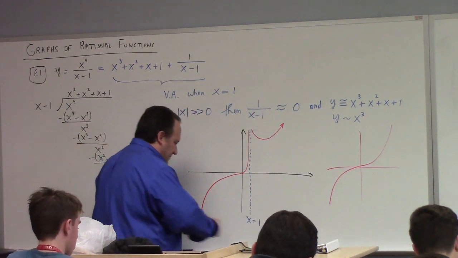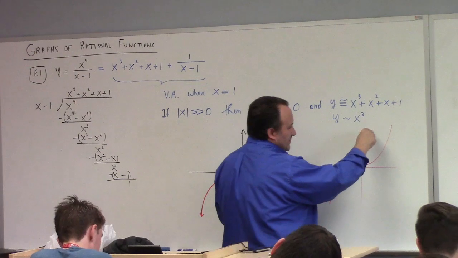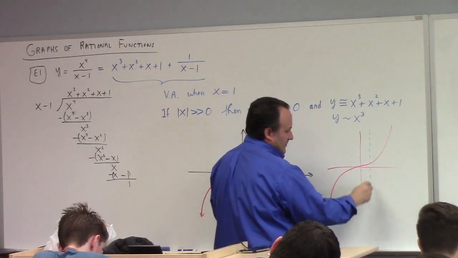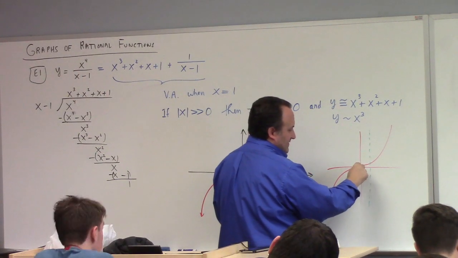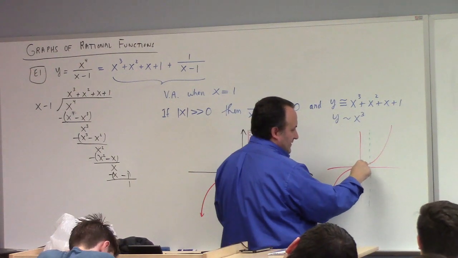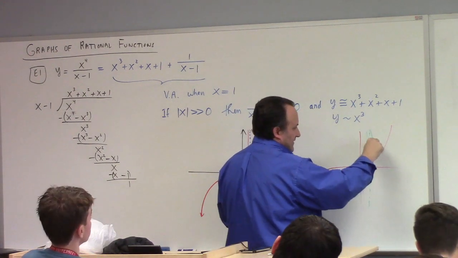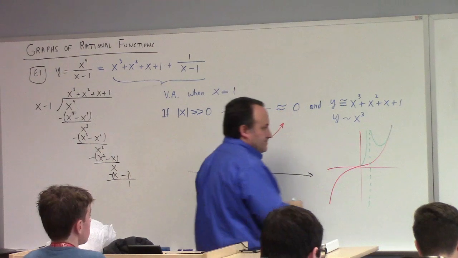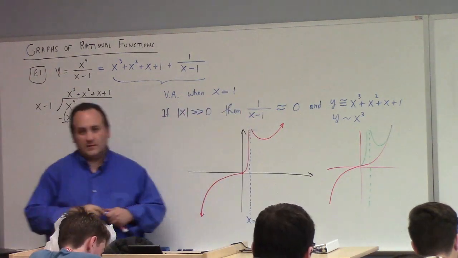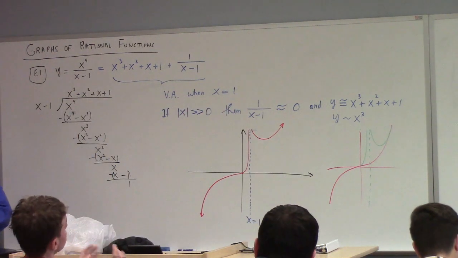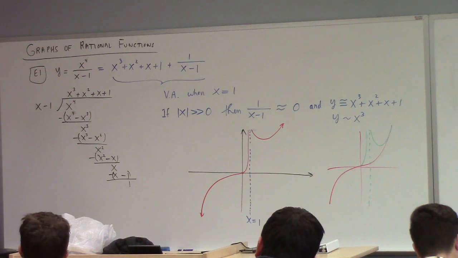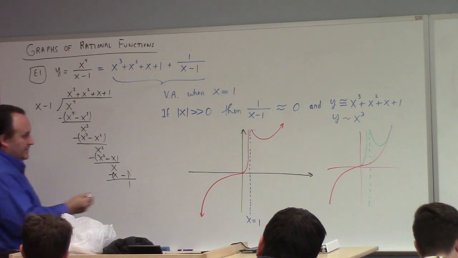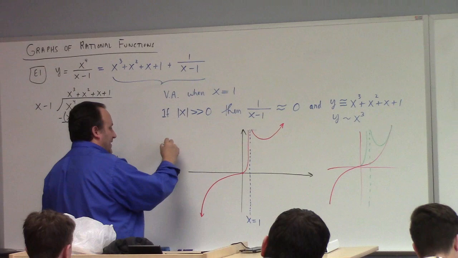But it's been spoiled by there being a vertical asymptote in here, which takes this and instead of just going like that, it goes like this, and then it goes something like this. So this graph has what's known as a cubic asymptote.